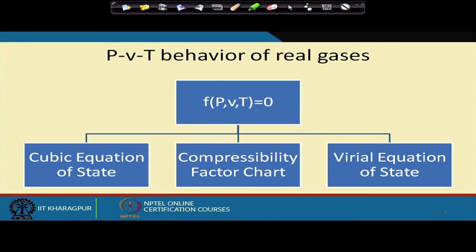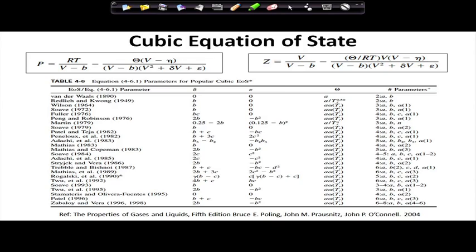Now, why are the cubic equations known as cubic equations, or to be more specific, what is the speciality of cubic equations? The general form of cubic equations, do not get confused, is one of a whole lot of equations that have been proposed by different researchers, but we are not going to deal with the host of these equations.